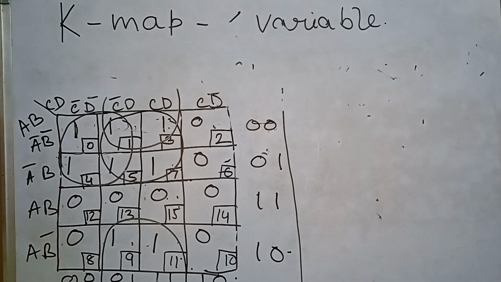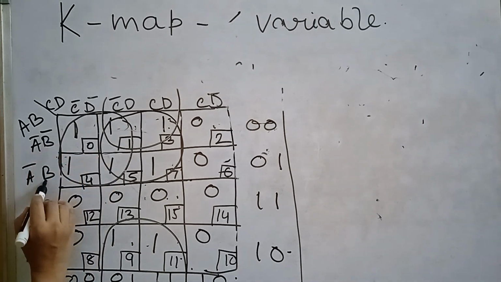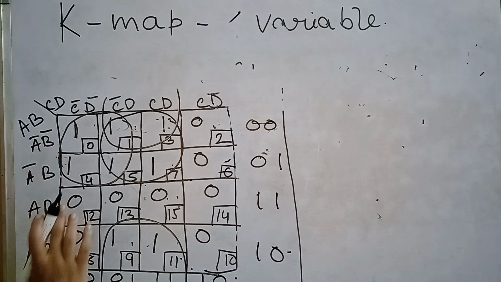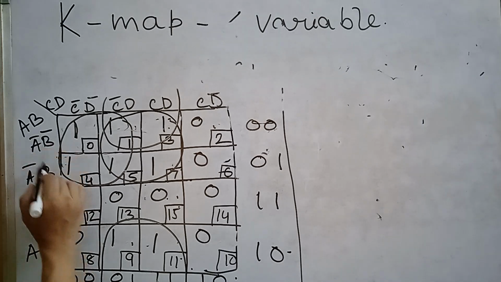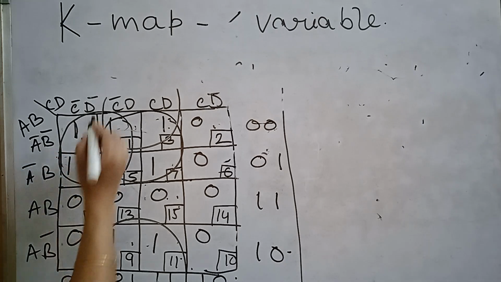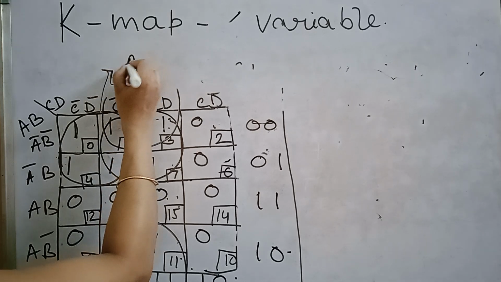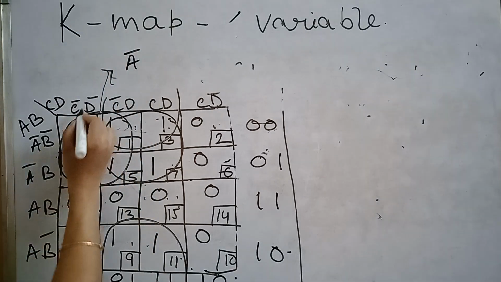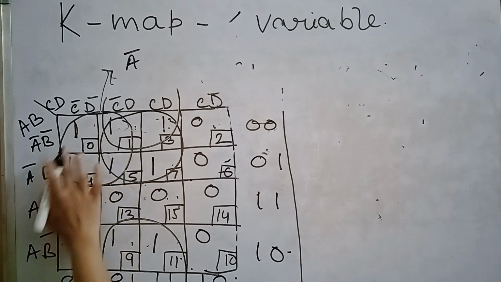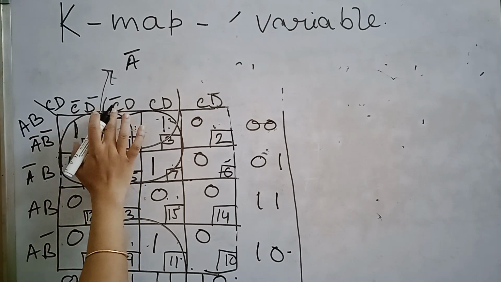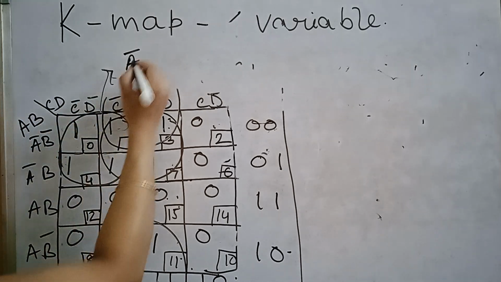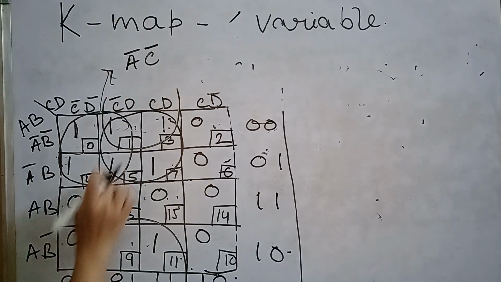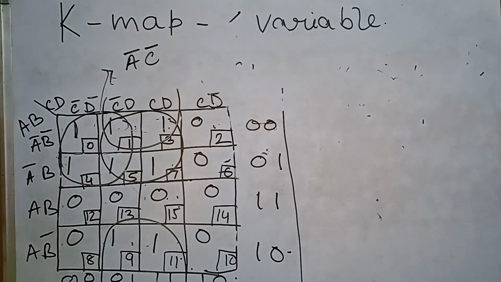In terms of B, nothing is common, because this row is B bar and this is B. So A bar. In terms of column, what is common for all these 4 ones? C bar is common. So A bar C bar is the expression for this first group.